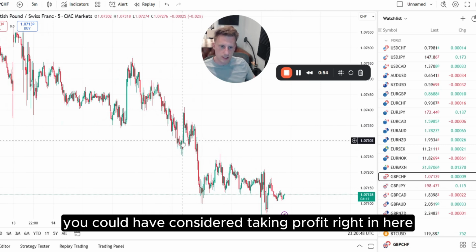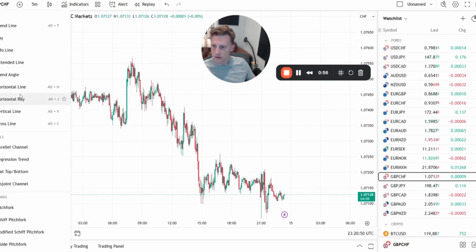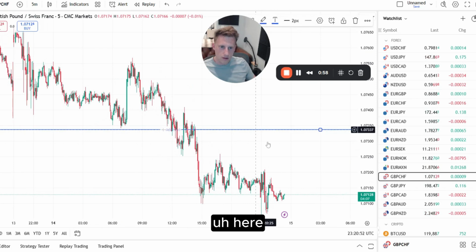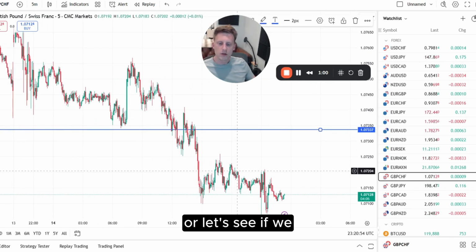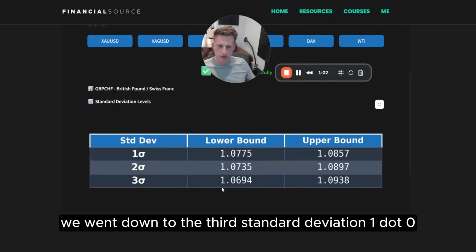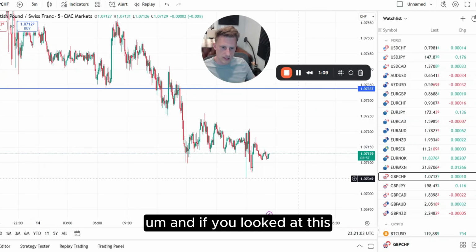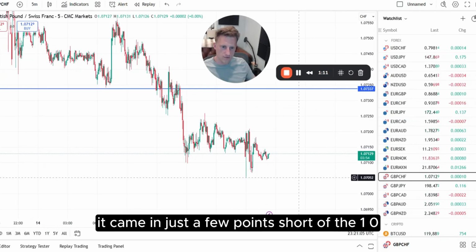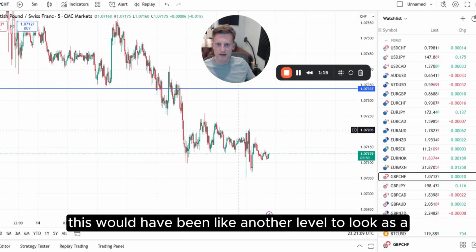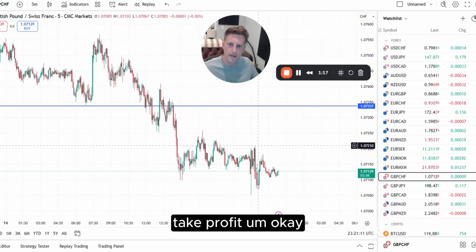So you could have considered taking profit right in here, or let's see if we went down to the third standard deviation, 1.0694. And if you looked at this, it came in just a few points short of the 1.0694. So this would have been like another level to look at as a take profit.